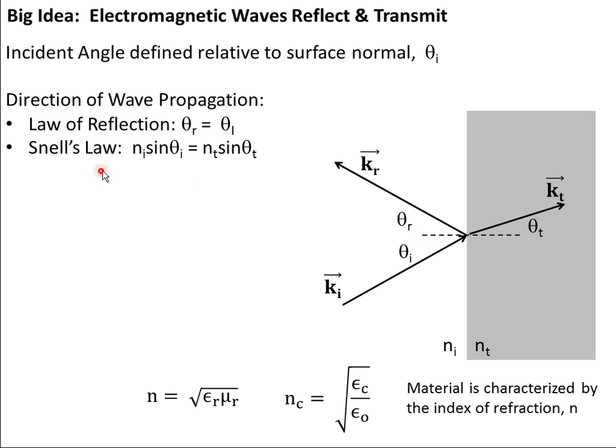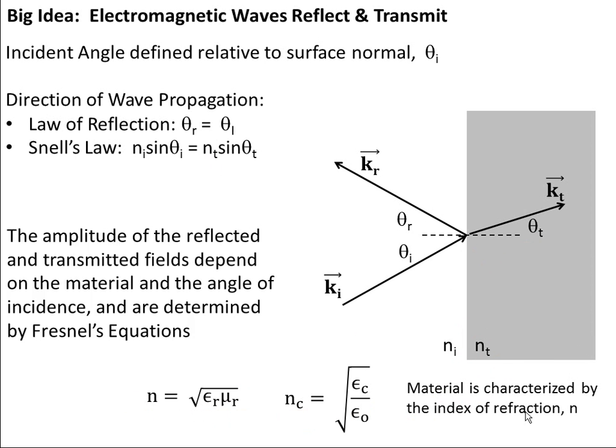The relationship involving the sines of the angles and the index of refraction of the medium on the incident side and the transmitted side determines that transmitted angle. The index of refraction, as we learned previously, is given by the square root of epsilon, and of mu if mu is a magnetic material. If it's complex, you write it in this form. And generally we use indices of refraction to characterize materials.